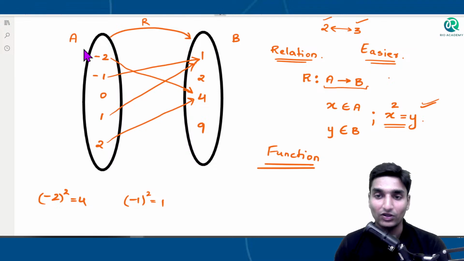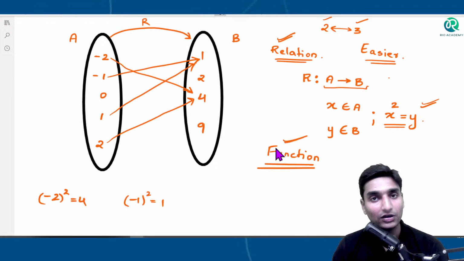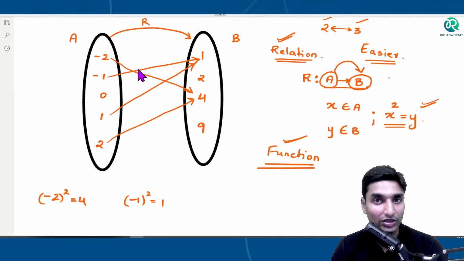Function means each and every element of this set A should be connected to set B. Okay, every relation is not a function, understand, but every function is a relation, because function means each and every element in this given set A, from where you are defining the relationship from A to B. So all the elements or all the numbers in this given set should be in a relation with the set B. Only such a relation will be known to be a function. Alright, so this is basically all that you need to know.